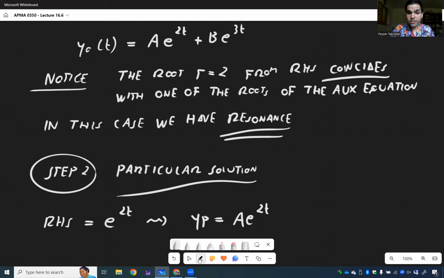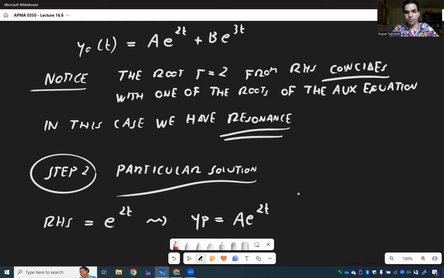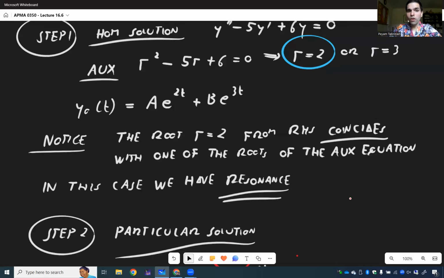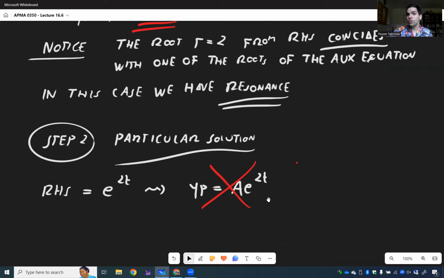But it turns out this is wrong. And that's because there is resonance. Why? Because if you look at the homogeneous solution, there already is an a e to the 2t in that homogeneous solution. Meaning that if you plug in a e to the 2t in your equation, you would get 0. There would be no way to get e to the 2t.